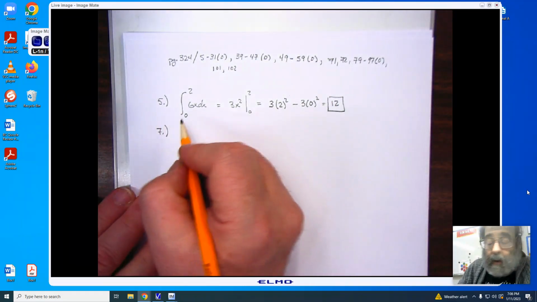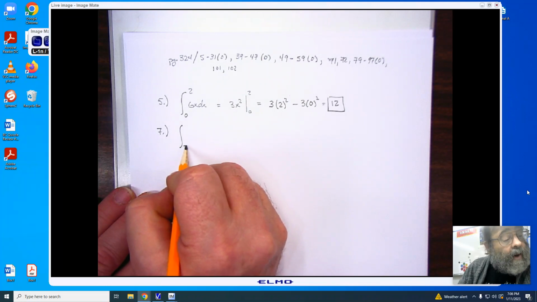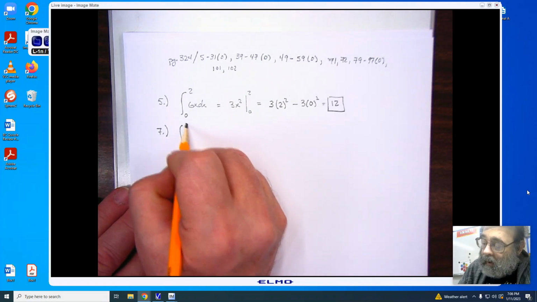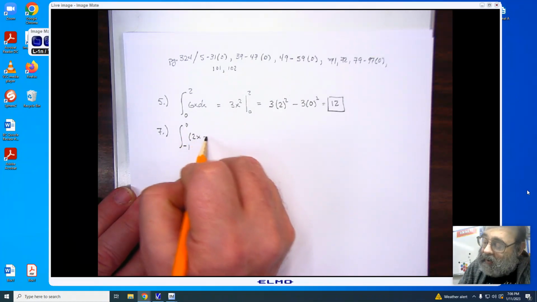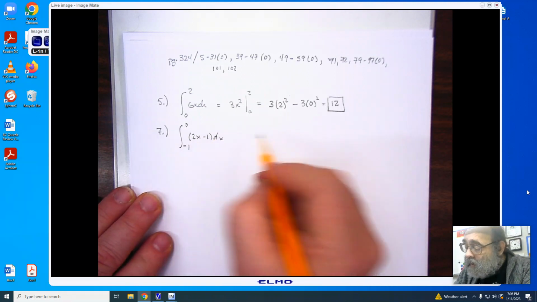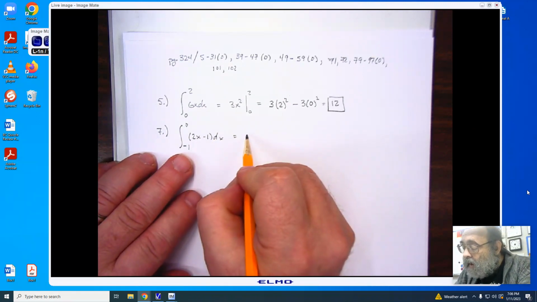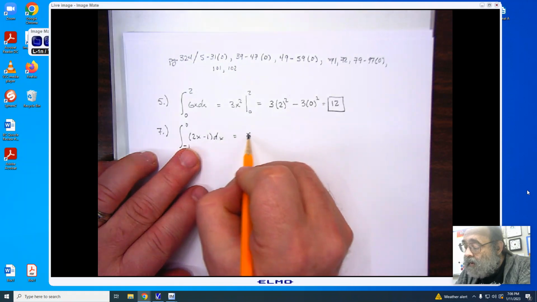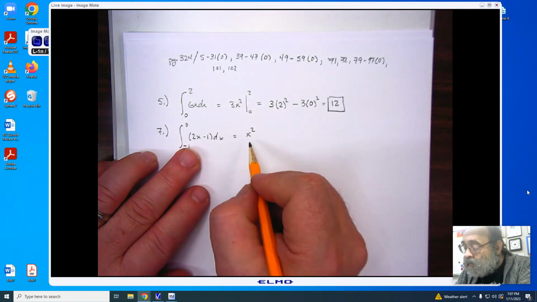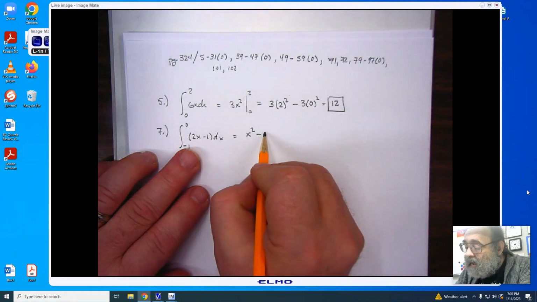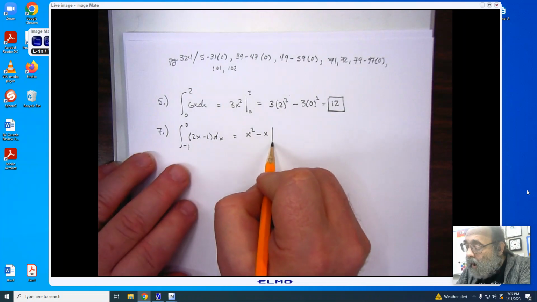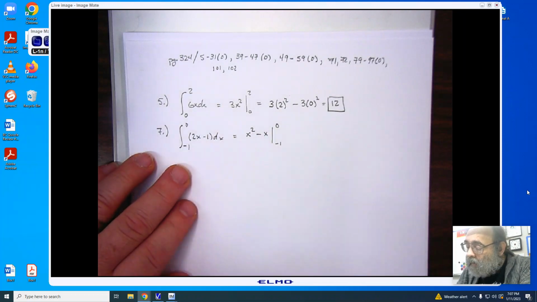Number 7 has the integration from -1 to 0, and I have 2x minus 1 dx. Once again, fundamental theorem of calculus, we're going to have x squared divided by 2 times 2 is 1, and then we have minus x. We put our bar, -1 to 0.